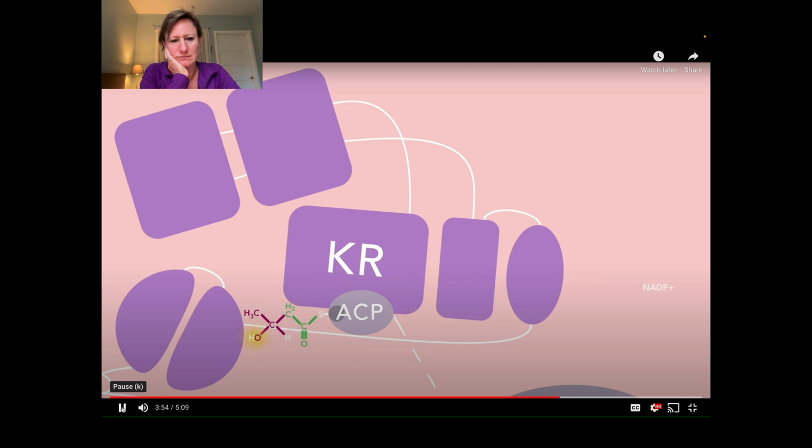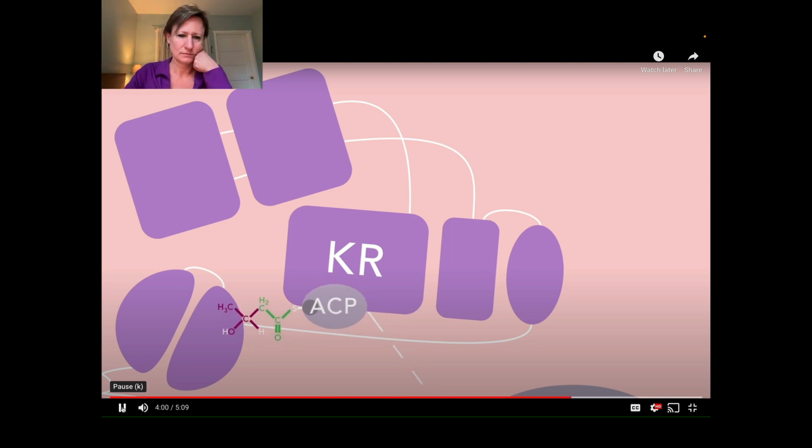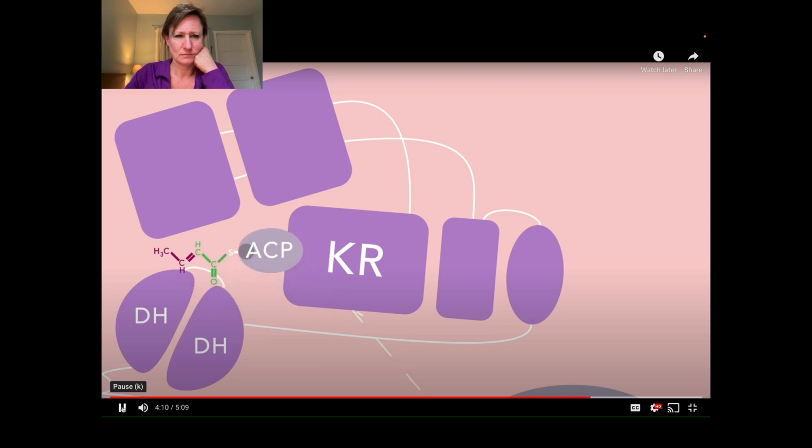This results in a hydroxyl and a hydrogen now attached to the carbon. Acyl carrier protein then delivers the chain to the dehydratase, which removes a water molecule and creates a double bond between the two carbons. Acyl carrier protein next delivers the chain to enoyl reductase, which uses NADPH to reduce the double bond to a single bond.